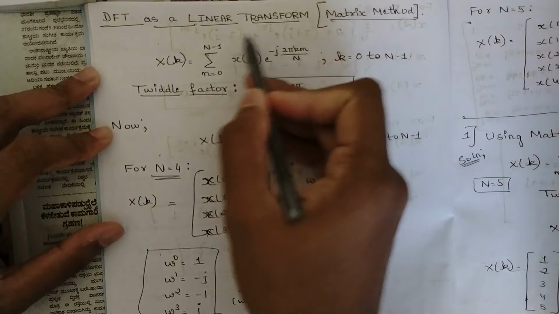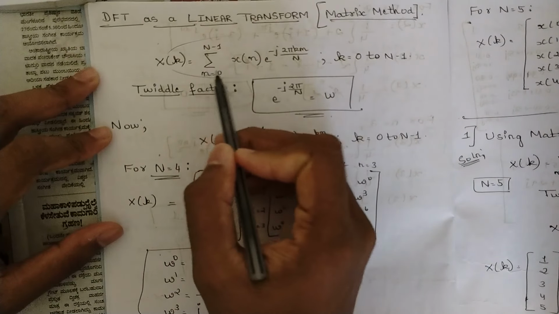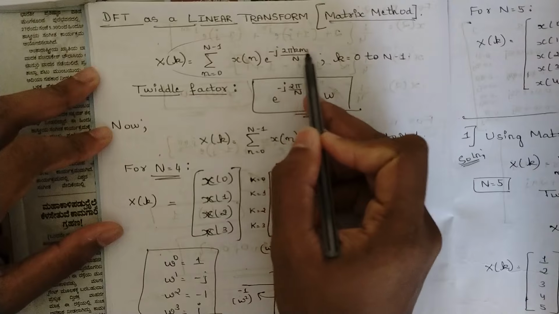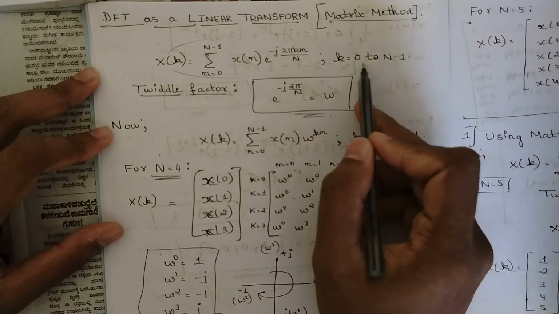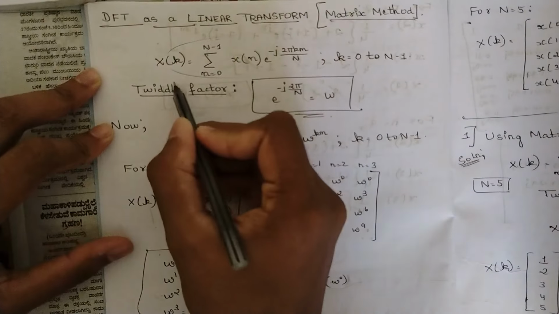You know the formula for DFT: X of k is equal to summation of n equal to 0 to N minus 1, x of n e power minus j 2 pi k n by N, where N stands for the length of the sequence, and k goes from 0 to N minus 1. Now we have one term called the twiddle factor.